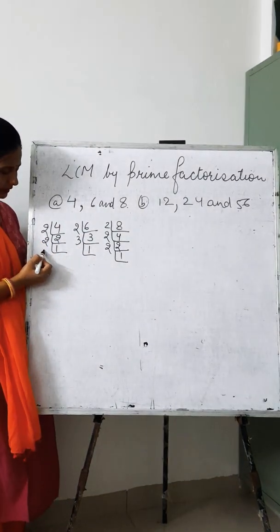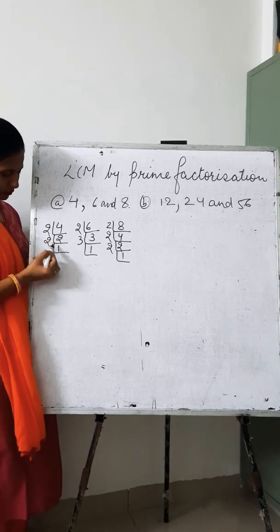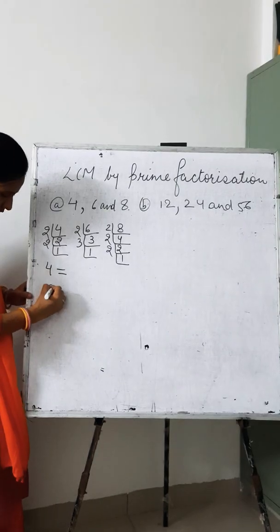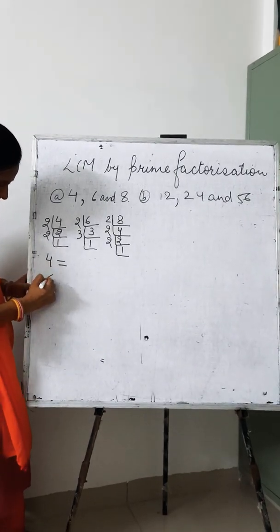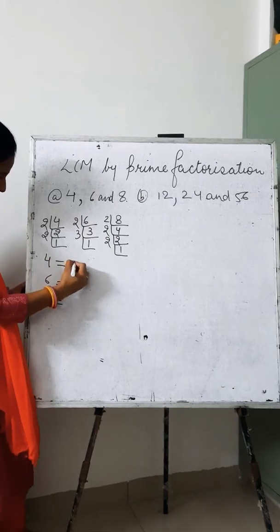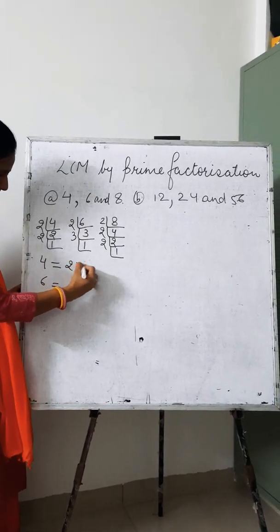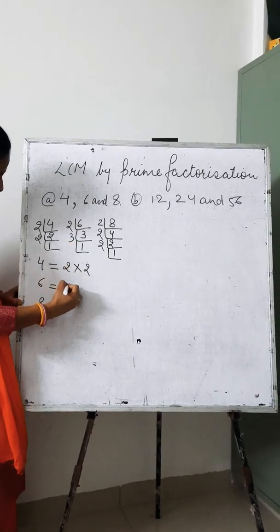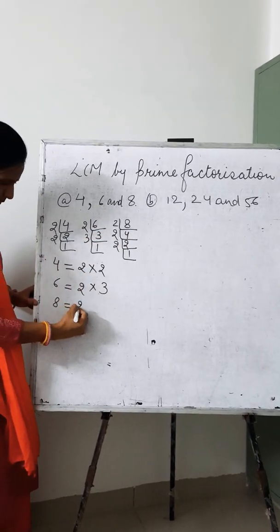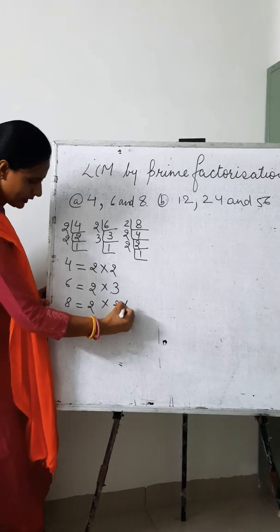Here I have done 2 2s are 4, 2 1s are 2. So here I got the factors of 4, factors of 6, factors of 8. I can write here, 4 is 2 multiplied by 2, 6 is 2 multiplied by 3, and 8 is 2 multiplied by 2 multiplied by 2.